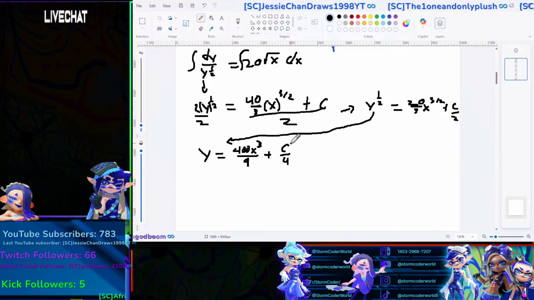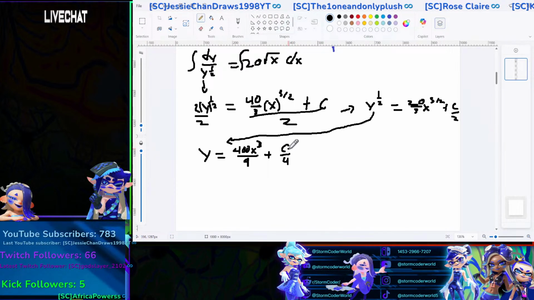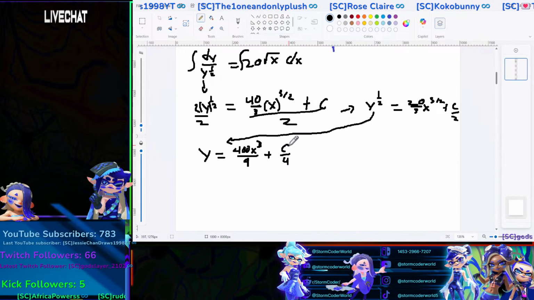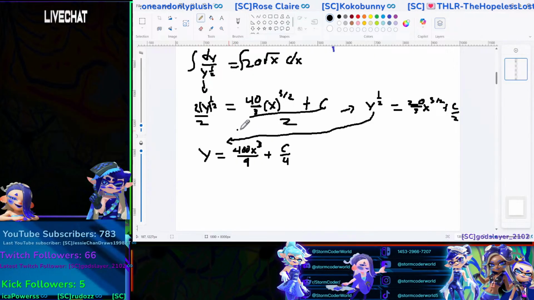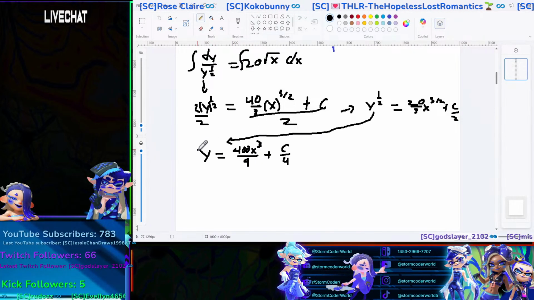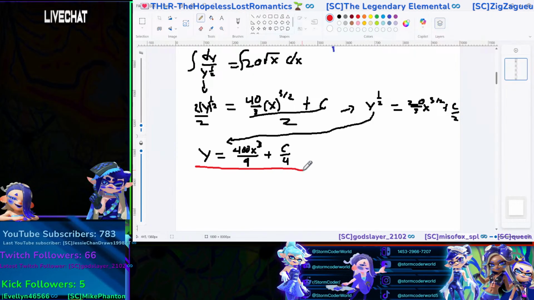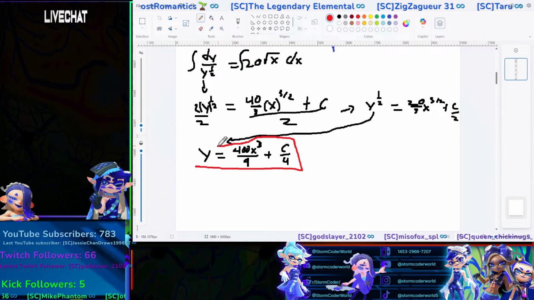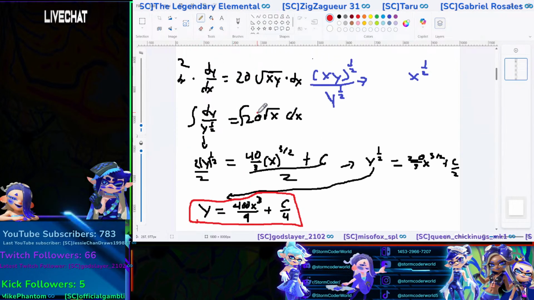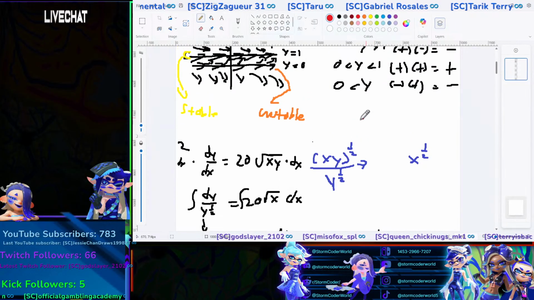Not c squared over 4. The constant would change, yes, but we'll just keep it as a constant. So this would be generally what the general solution should be. So I'll make sure to highlight that, and then I'll check that at a later time. I'll make sure to highlight all my answers while I have time.